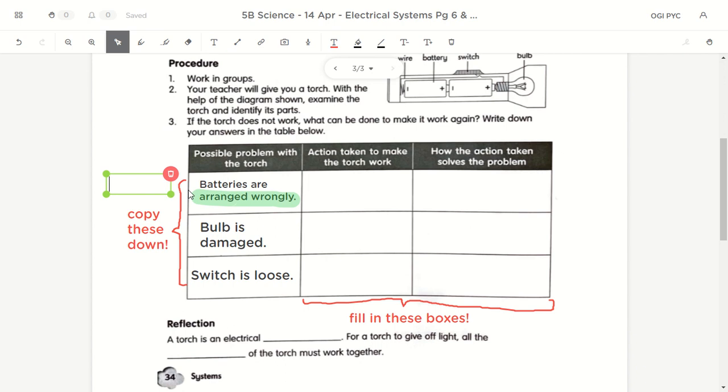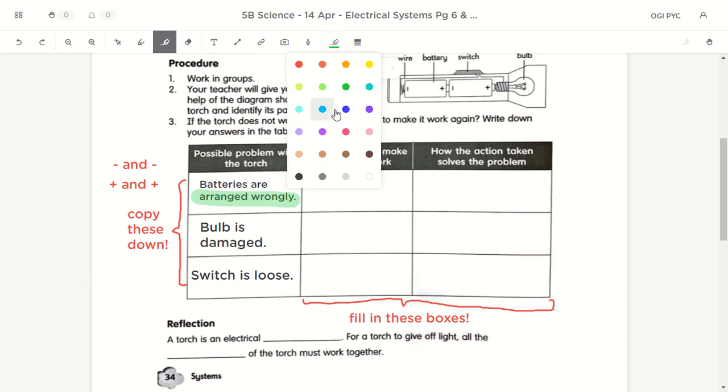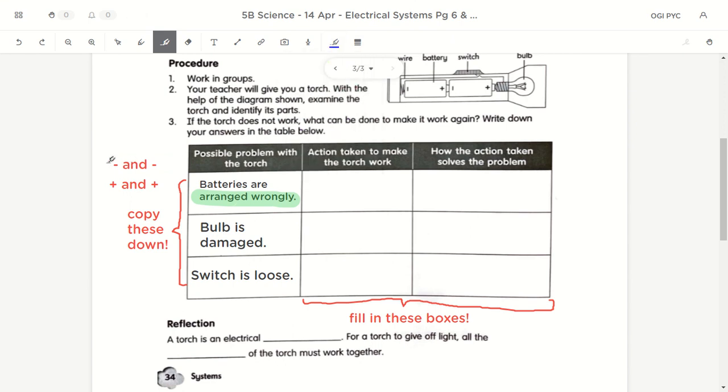I have my positive and my positive together, and also my negative terminal and my negative terminal together. If you put the negative terminals together, or the positive terminals together, you realize the bulb cannot work, your electrical appliances cannot work.